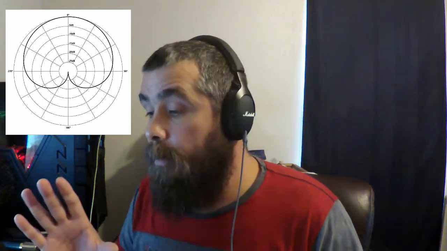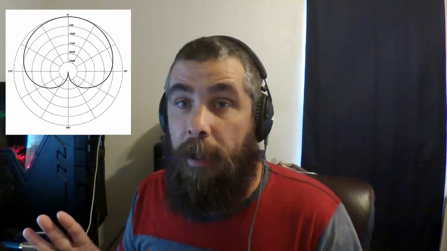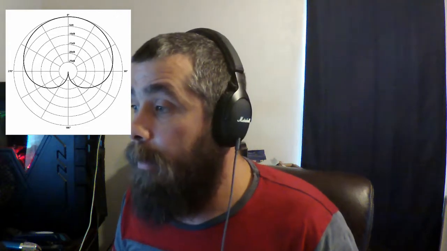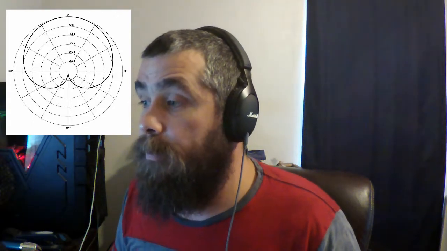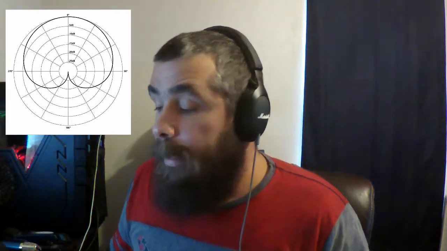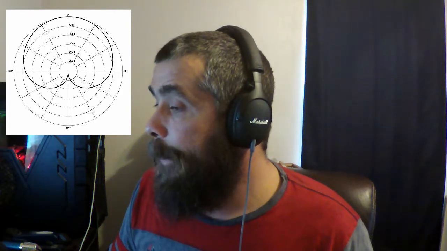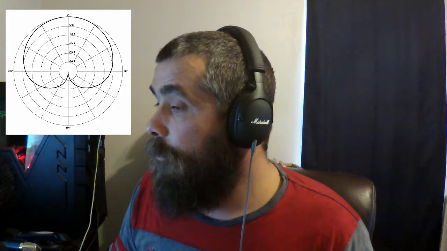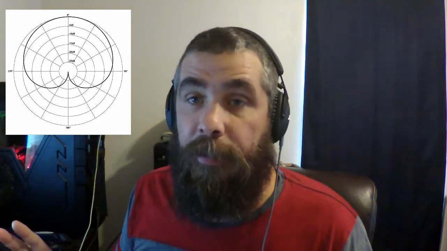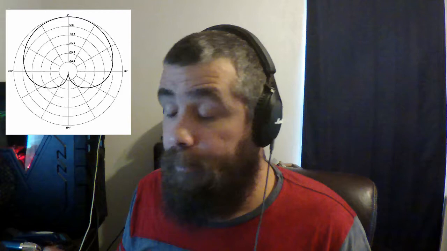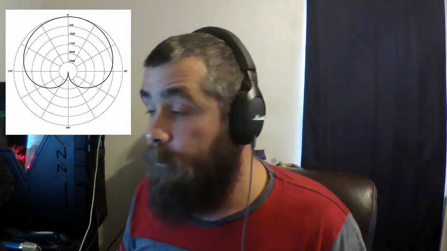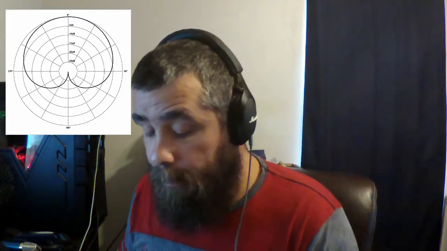These are both put out a cardioid pattern, which in the professional world, what you're typically going to see condenser microphones in is studios, for singing.